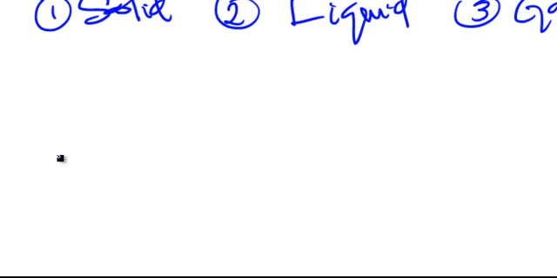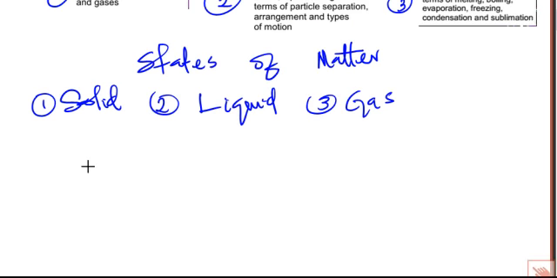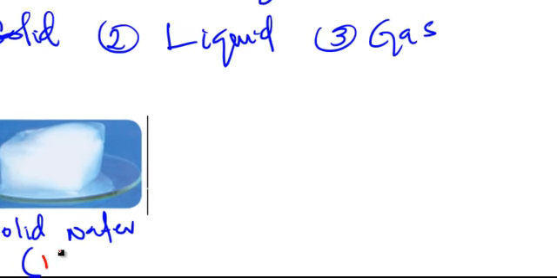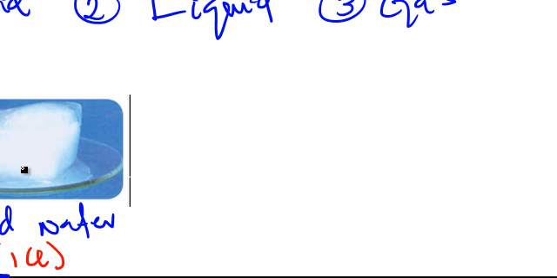If you look at this image, it is an image of solid water. So when we say solid water, of course, you know that is ice. So ice is an example of water in solid form.